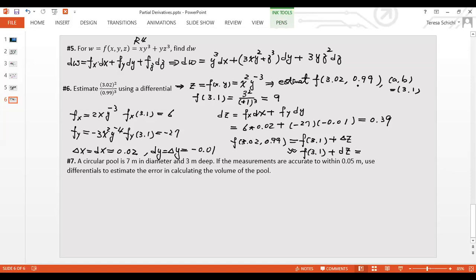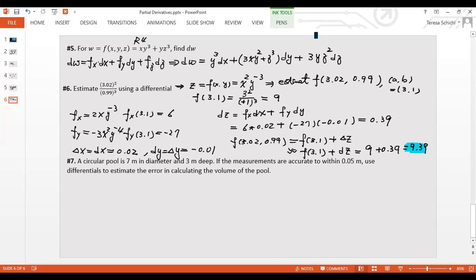So what is the f(3, 1) we just got here? 9, right? So 9 plus 0.39 is 9.39. Okay, so this is our estimate, right?